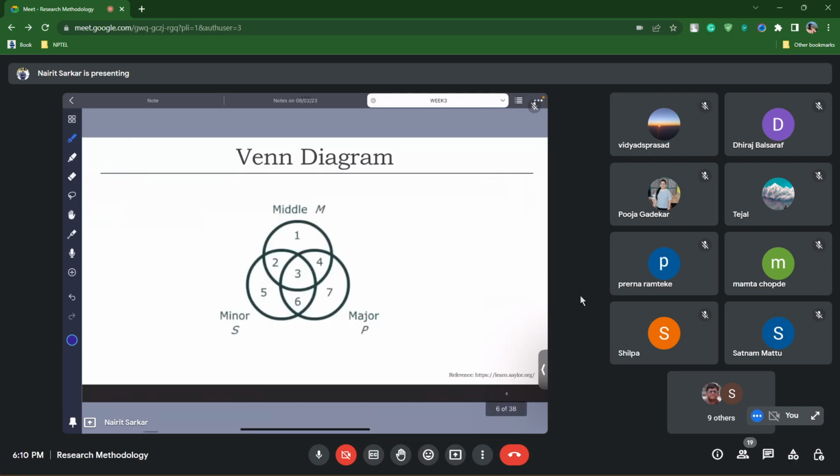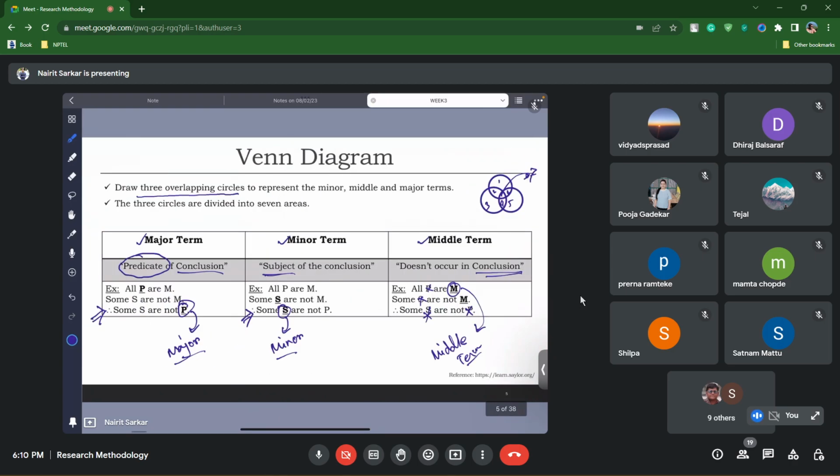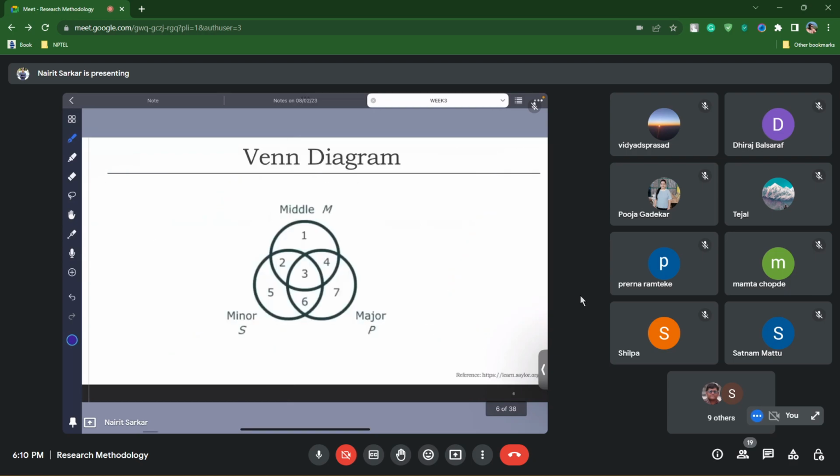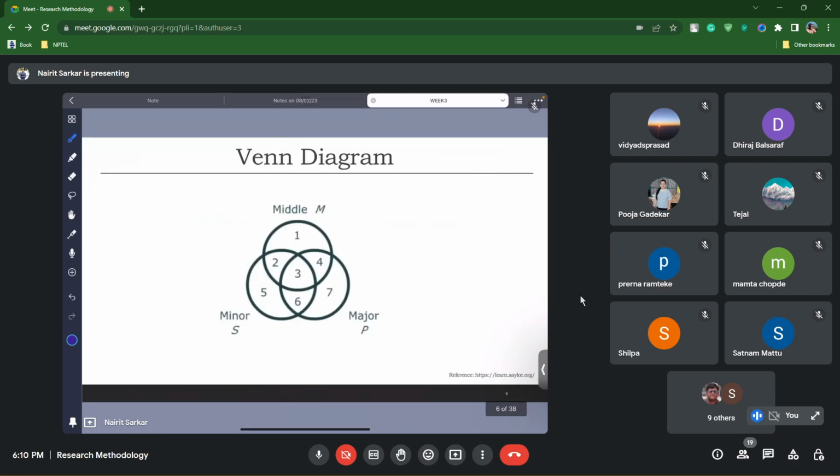So now we will start with the Venn diagram. As you can see from these examples, P is the major term, S is the minor term, M is the middle term, and this is the Venn diagram, which is three overlapping circles.